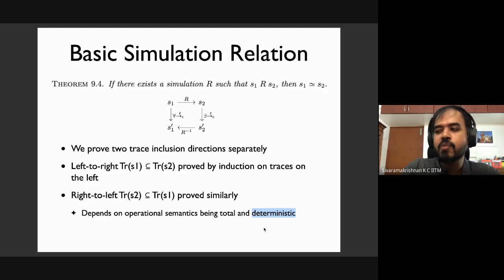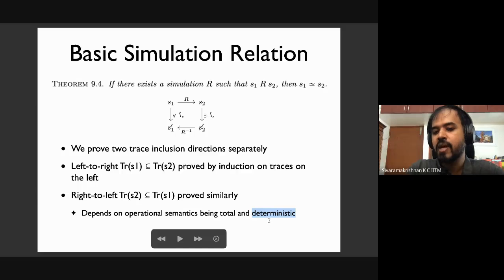So we will use this property that if you have a state S1 and you take a step to S1 prime, and for all states that you can take a step to from S1, which is S1 double prime, S1 prime and S1 double prime are the same, right? This seems trivial, but in our proof, the property of determinism will become very, very important to us.